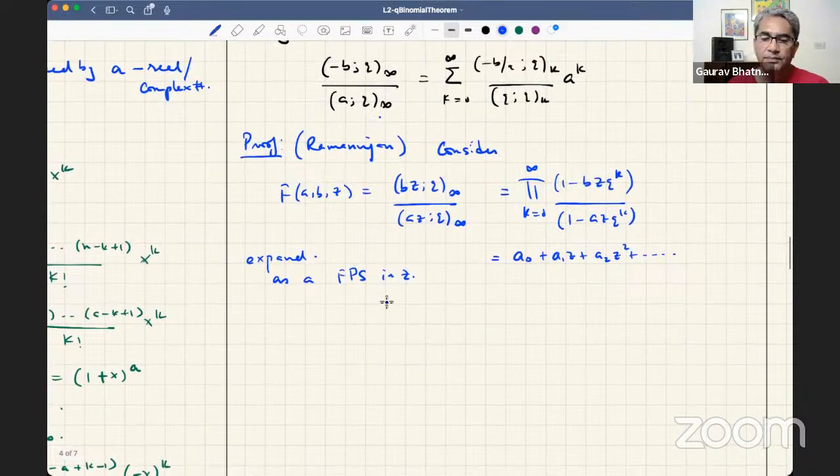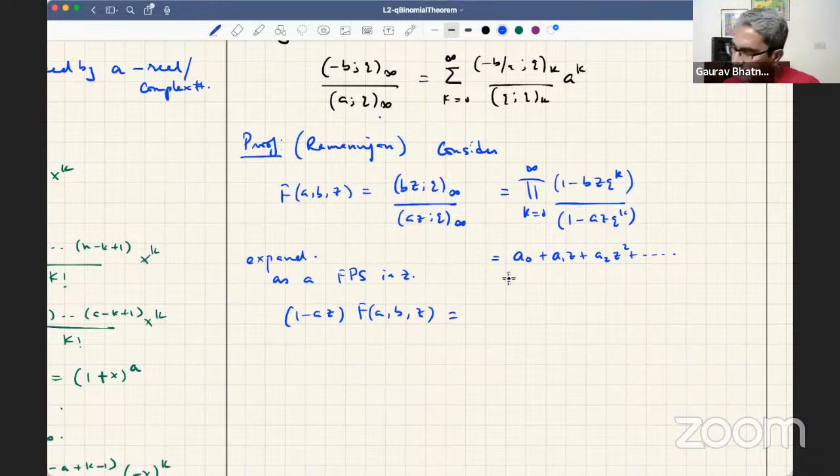And then what you can see very easily is that if you multiply the left-hand side by 1 minus az, F(a,b,z), and take out the first term and the second term, what you will get is 1 minus bz times F with z replaced by zq.